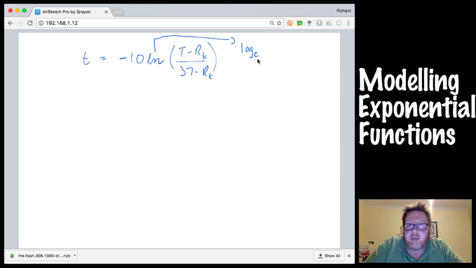The shorthand for log base e, because it's so common, is ln. So when you see ln, it means log base e. So -10 times the natural logarithm of t minus r sub t over 37 minus r sub t. That's the formula, and let's have a go at some of these questions.